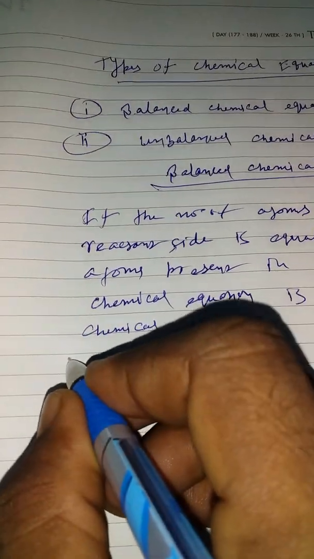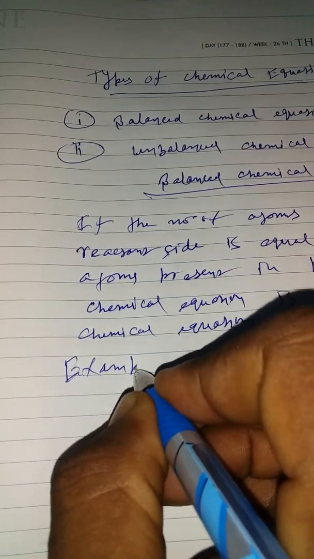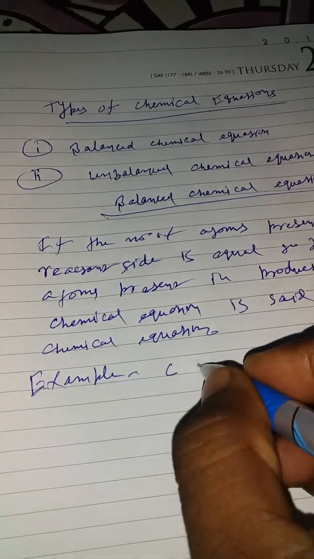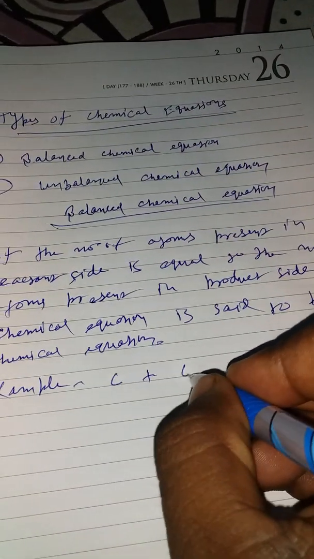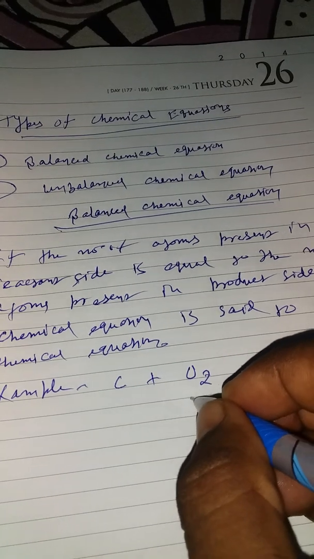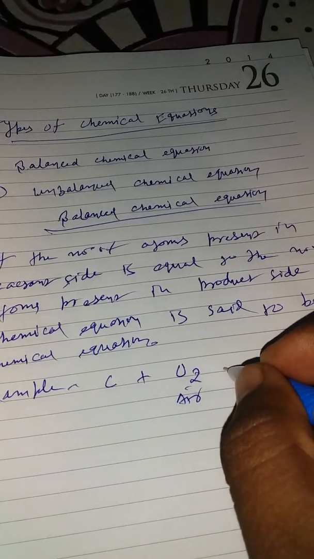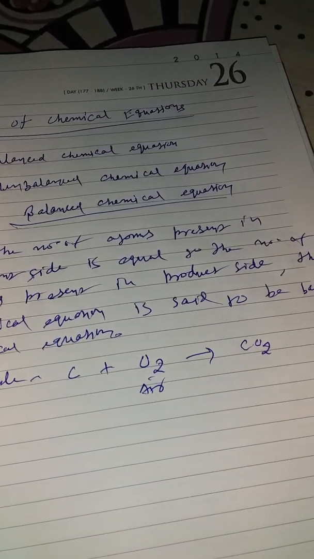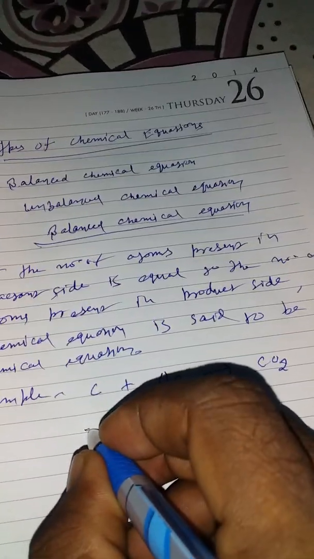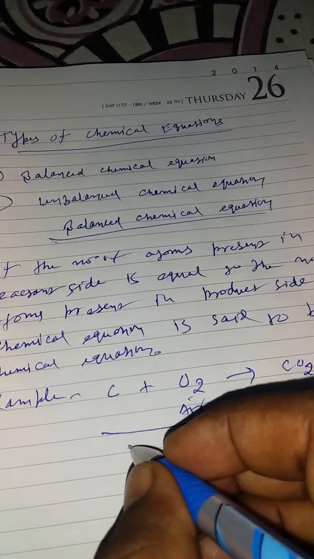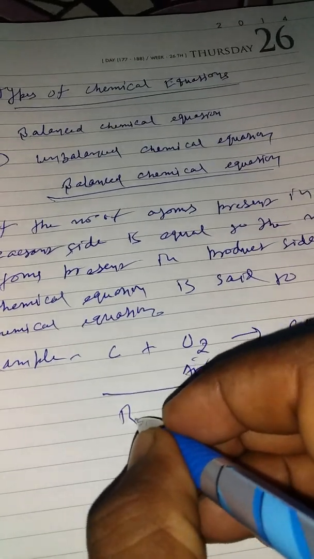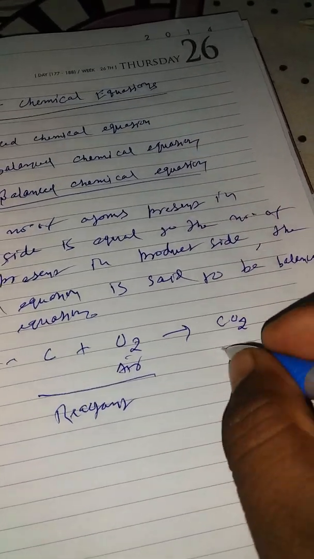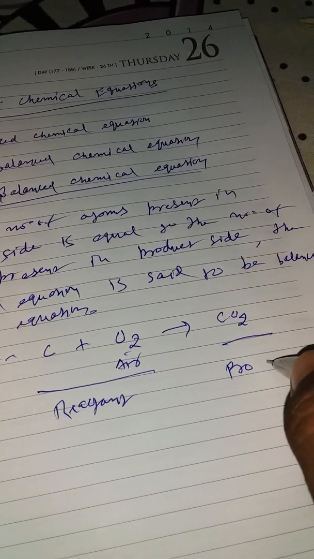As for example, when carbon reacts with oxygen from air, it forms carbon dioxide. In this chemical equation, carbon and oxygen are reactants and carbon dioxide is the product.